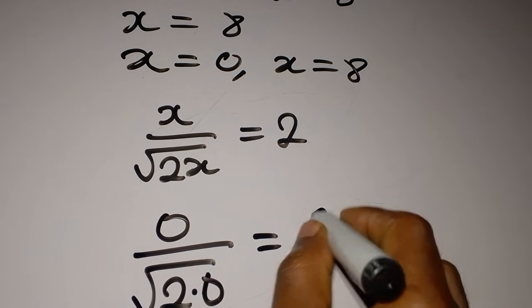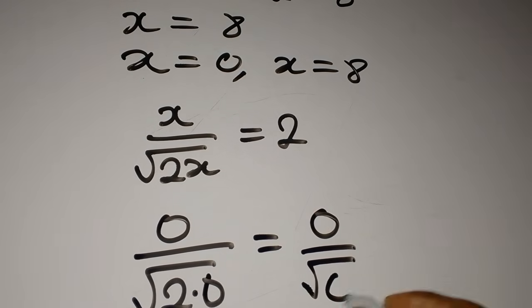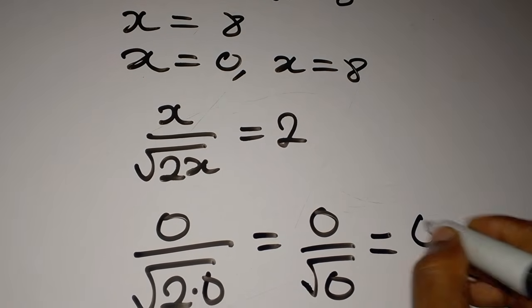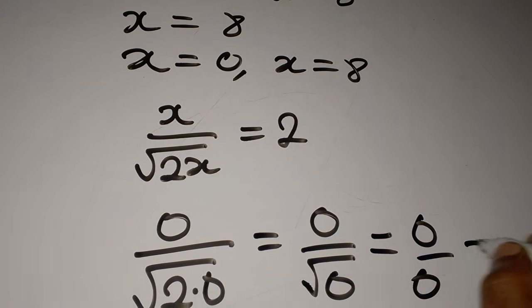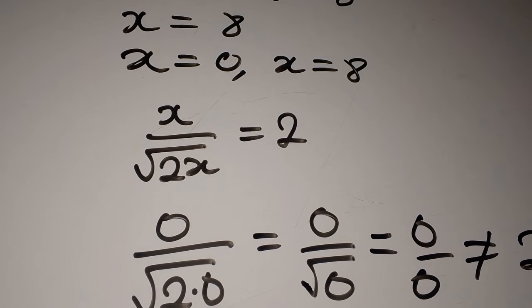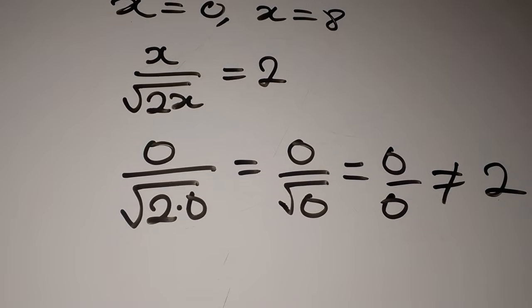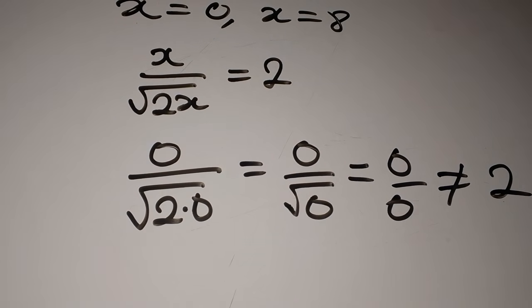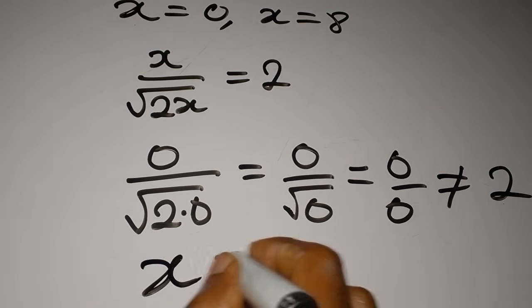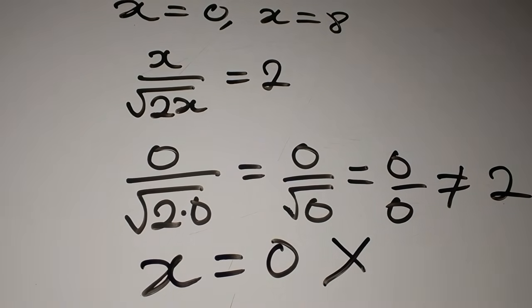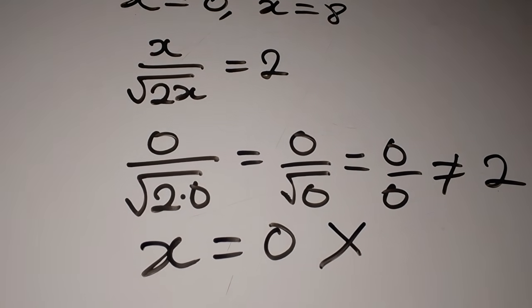And this will give us 0 over the square root of 0, which will give us 0 over 0. And this cannot give us 2. As a matter of fact, 0 over 0 is undefined. So 0 is not a solution to this equation. So it has to be cancelled or rejected.